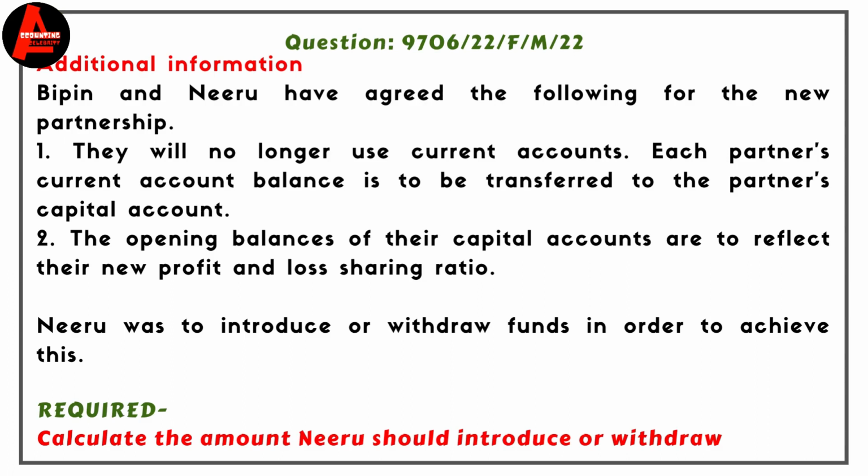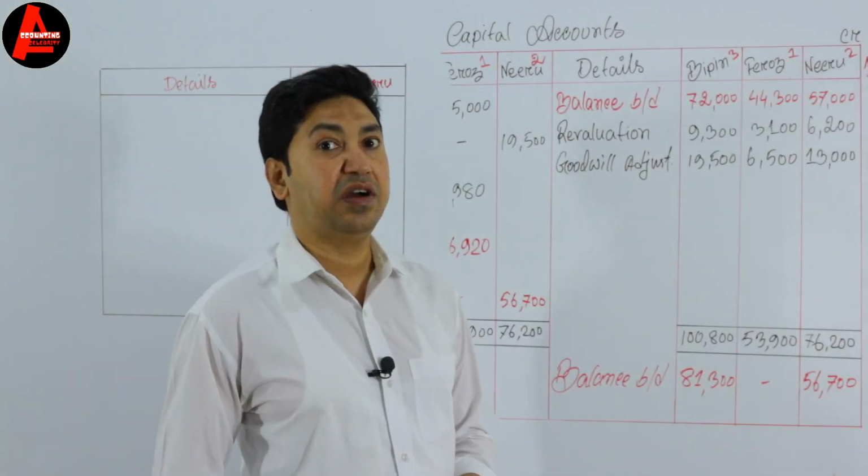Number two, the opening balances of the capital accounts are to reflect the new profit and loss sharing ratio. Neeru wants to introduce or withdraw funds in order to achieve this. So our requirement is to calculate the amount Neeru should introduce or withdraw from the business.